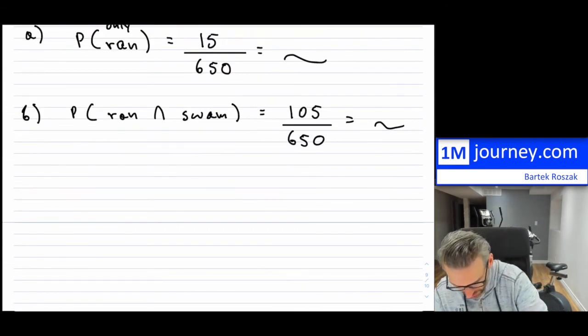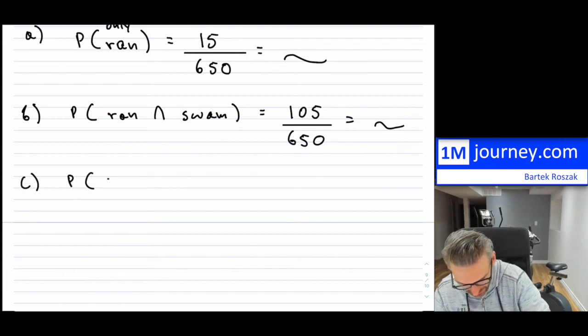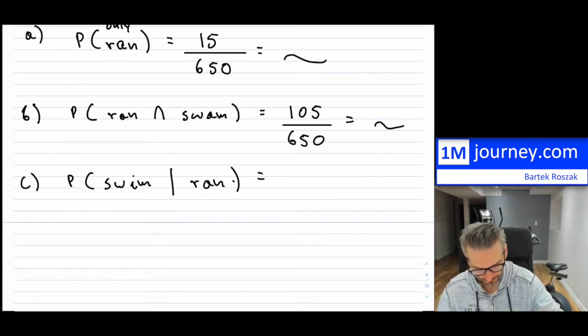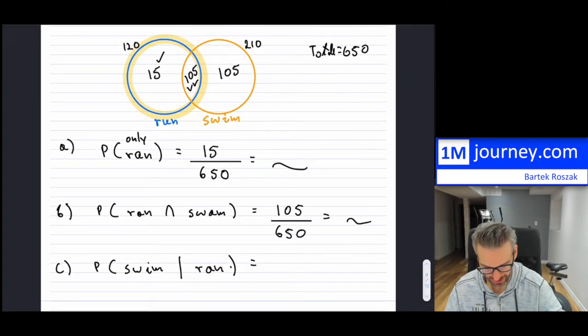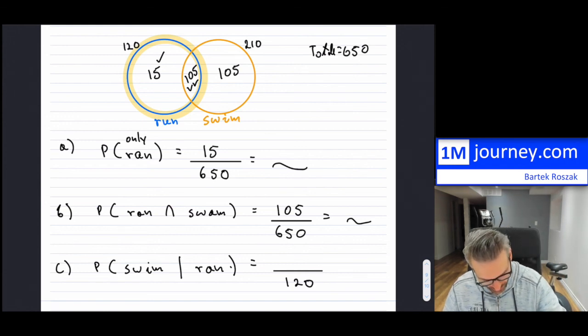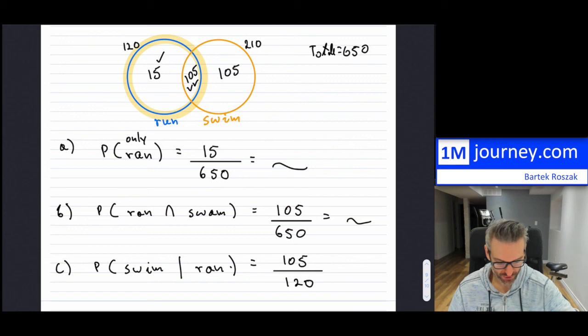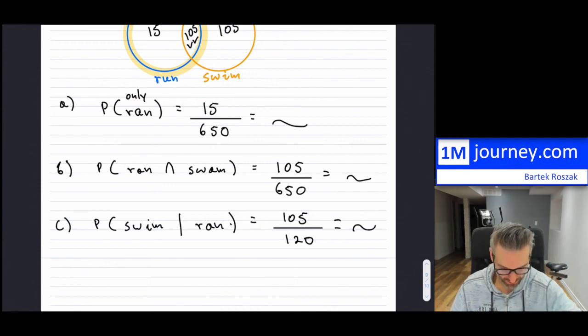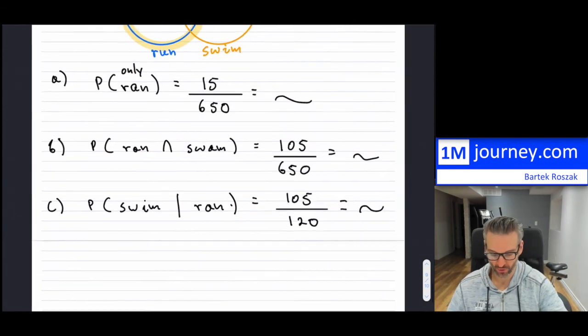So this is a conditional one. So we have the probability of swimming given that we know that they ran. When you're looking at that, we have a total of 120 that ran, and 105 of those swam. So that would be the conditional probability for that. And again, you can change that back into a percent if you wanted to.